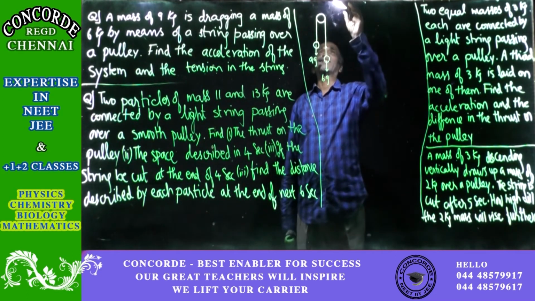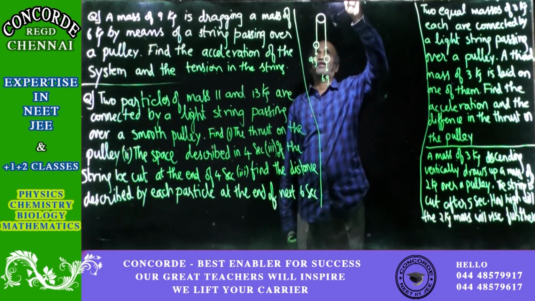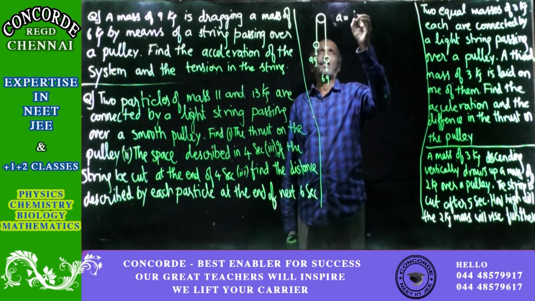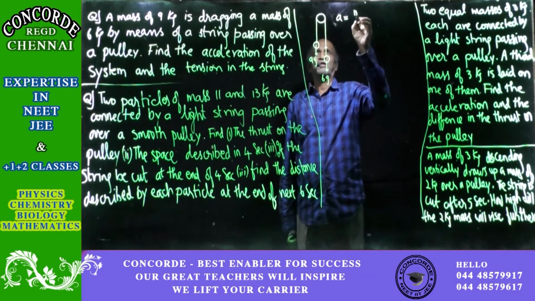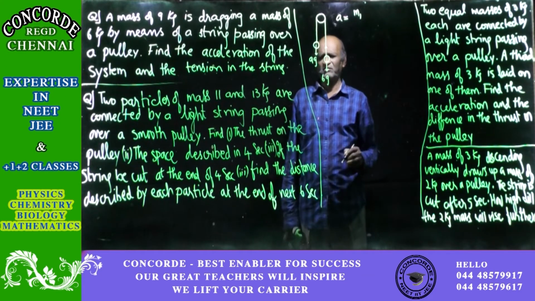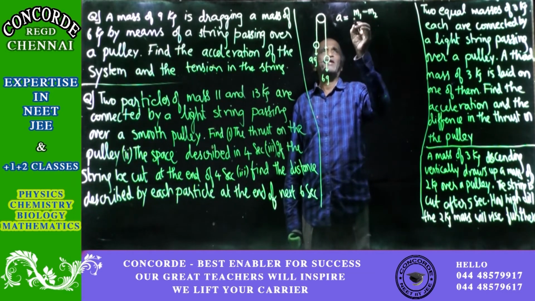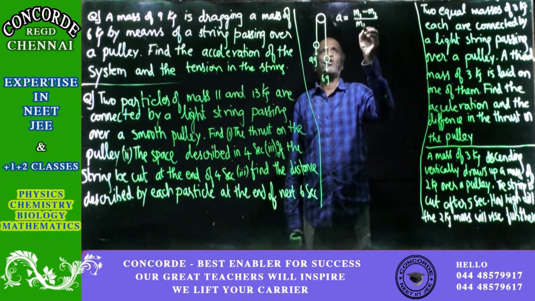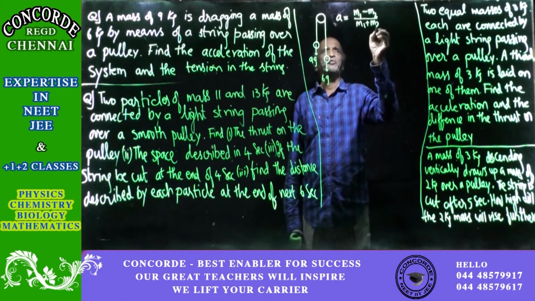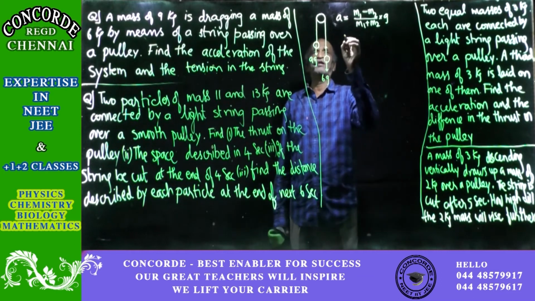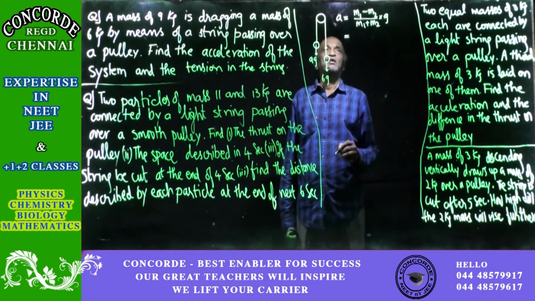So the acceleration that we are having is a = (m1 - m2) / (m1 + m2) × g.